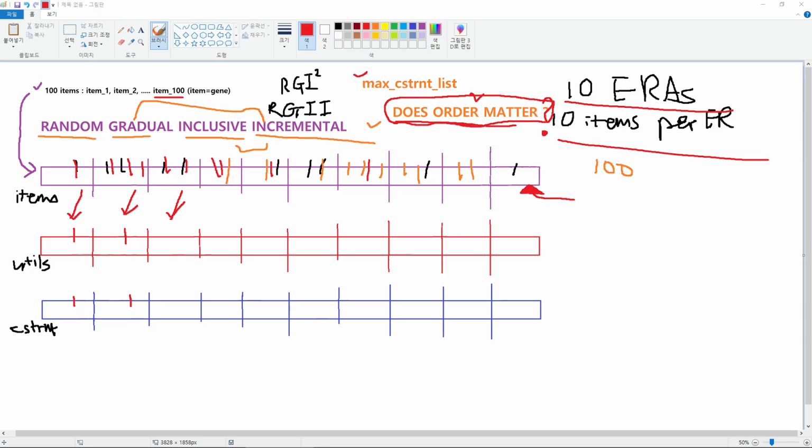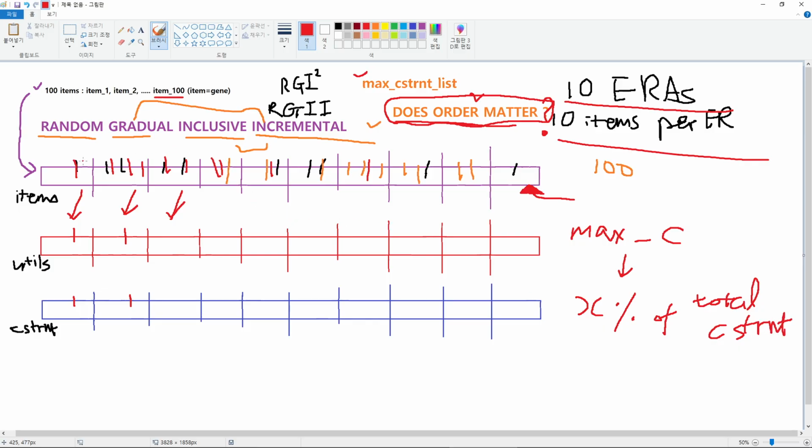And the next setting I tried was I made some changes to the max constraint list. This time the max constraint was some percentage of the total constraint of that era.